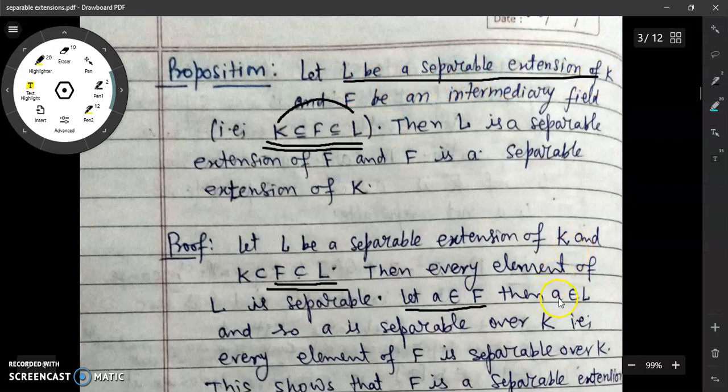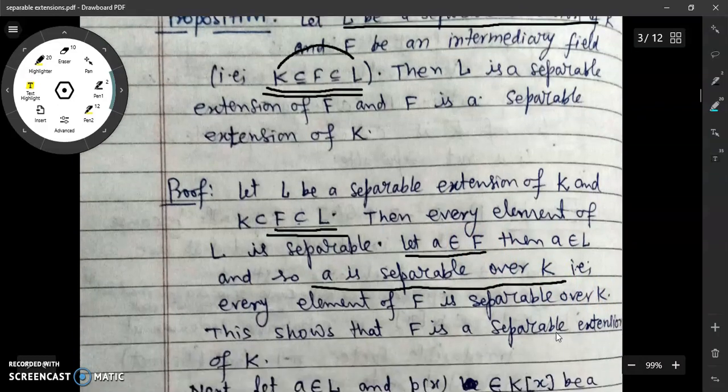It means this A will be separable over K. So we have observed that every A in F is separable over K. So by the definition of a separable extension, since every element of F is separable over K, therefore F is separable over K.